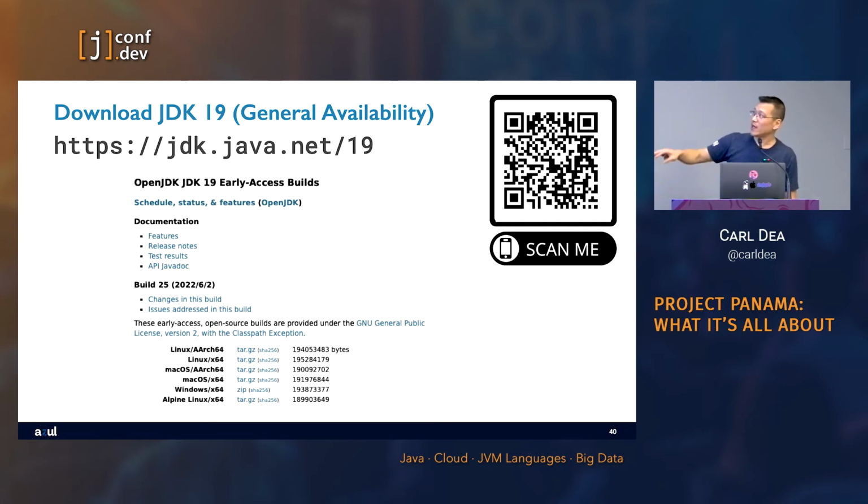It now says GA. You could also hit jdk.java.net/20 because 20 is in development mode. So if you go to here, you can get those downloads, but if you're getting EA, there are changes all the time. So you never know, but since it's GA, the APIs are the same.